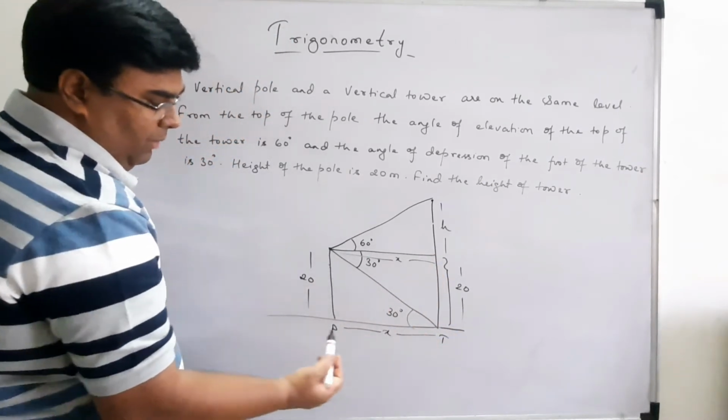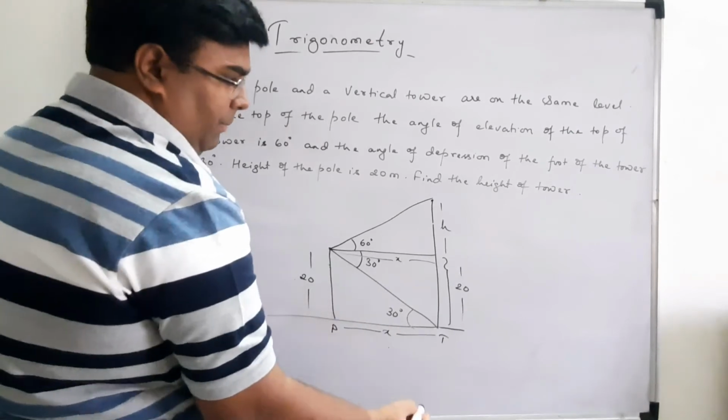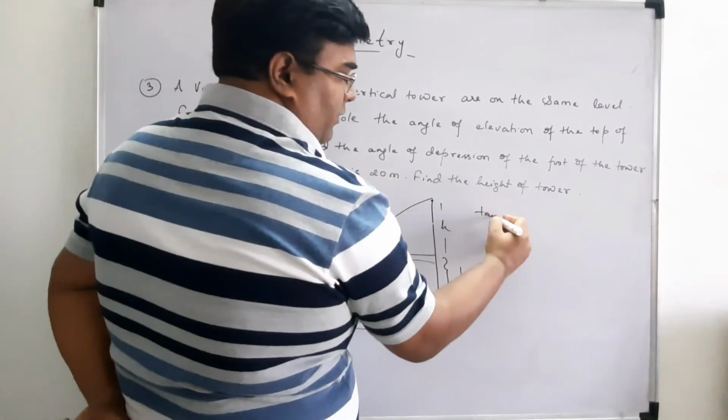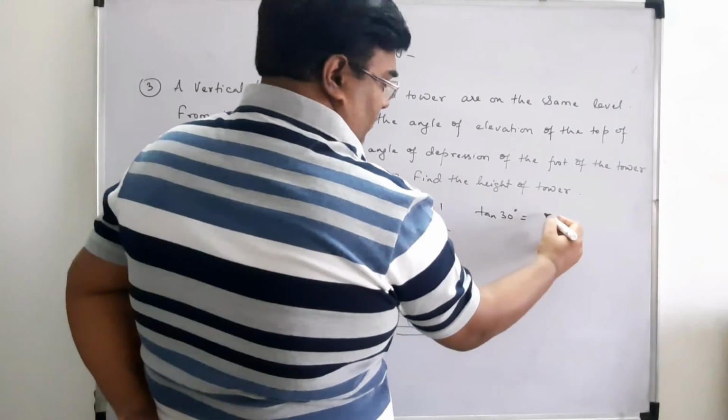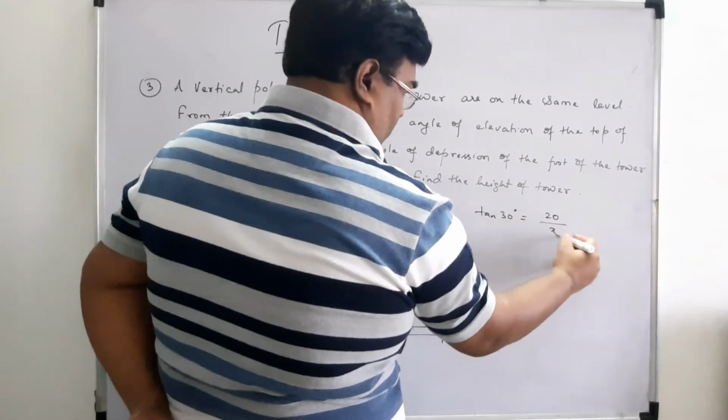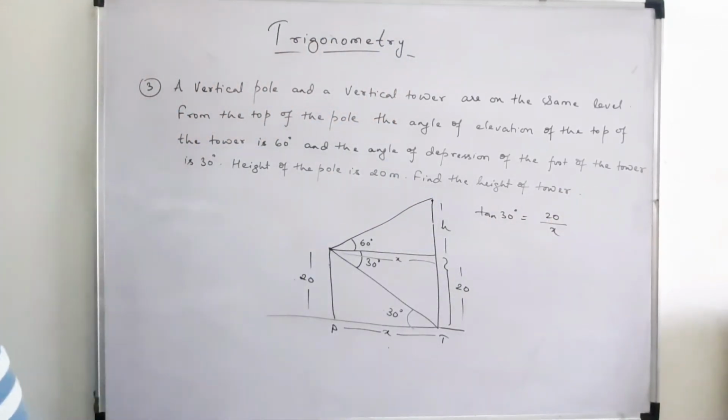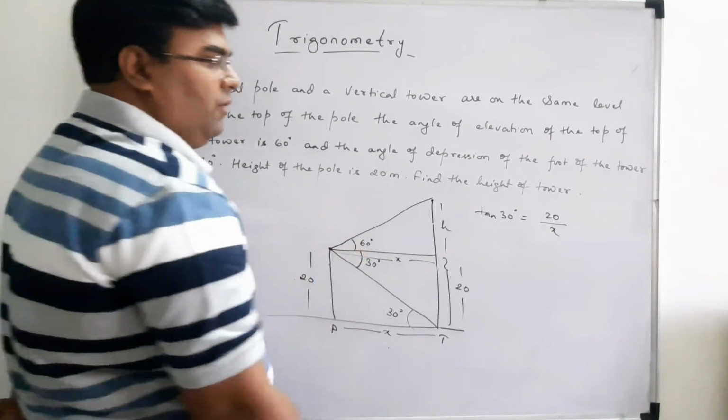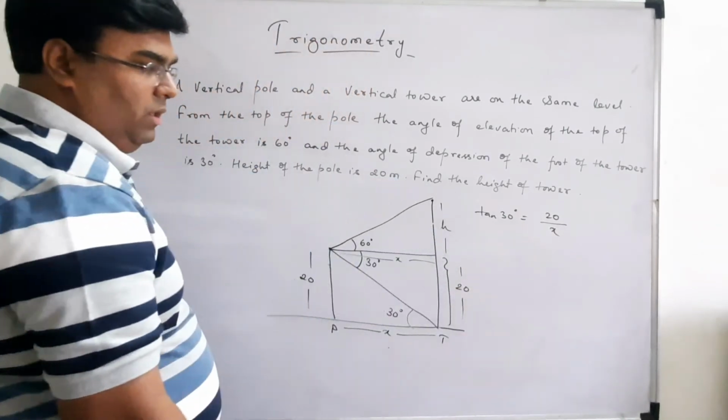So tan 30 will be what? Perpendicular upon base. So we can write h upon x. From here we can get the value of x, and then we will use it to find the small h.